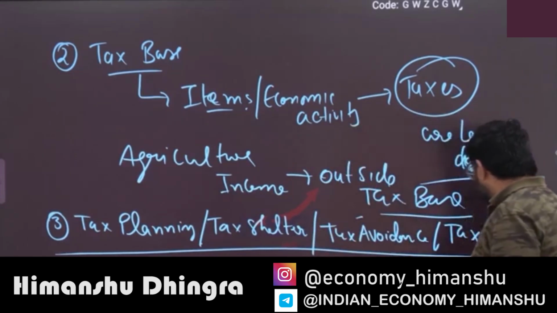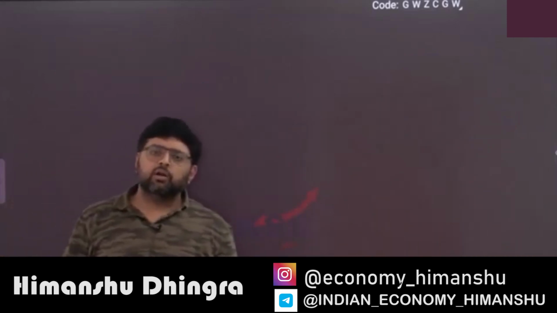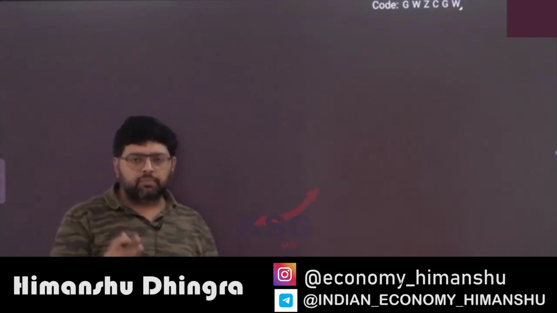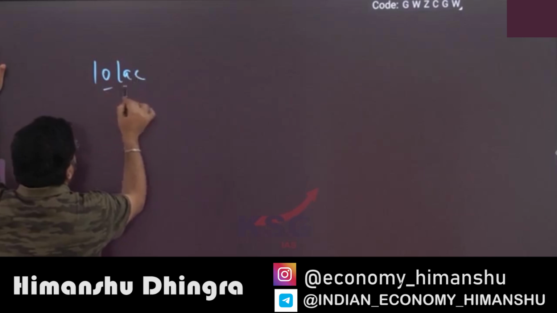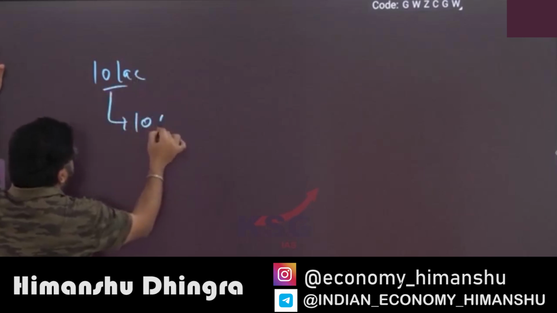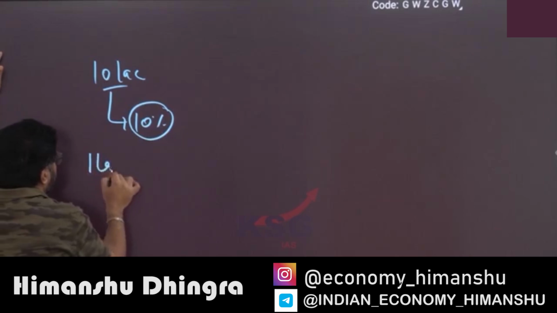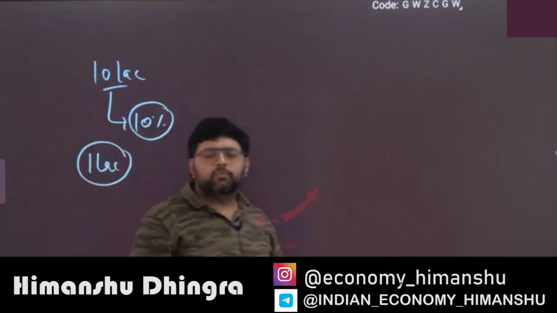So for example, whatever income you are earning, say 10 lakh rupees. Now on 10 lakh rupees you have to pay 10% as tax. So how much tax do you have to pay? 1 lakh rupees. So ideally you earn 9 lakh rupees.